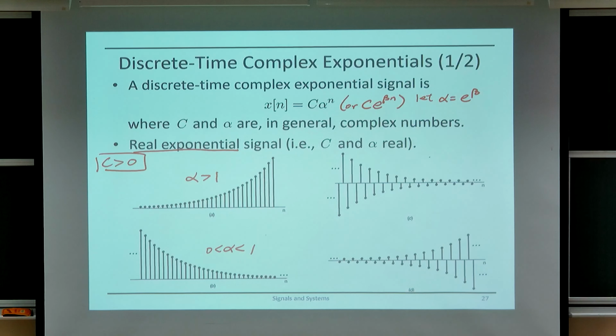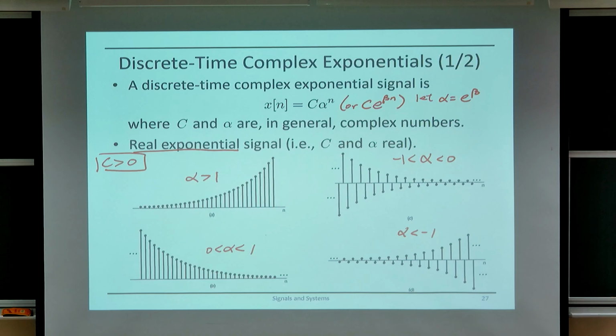If alpha is between -1 and 0, then because the magnitude is less than 1, this decays but oscillates between positive and negative. If alpha is less than -1, because the magnitude is greater than 1, it increases but still oscillates between positive and negative. So this is when both c and alpha are real.